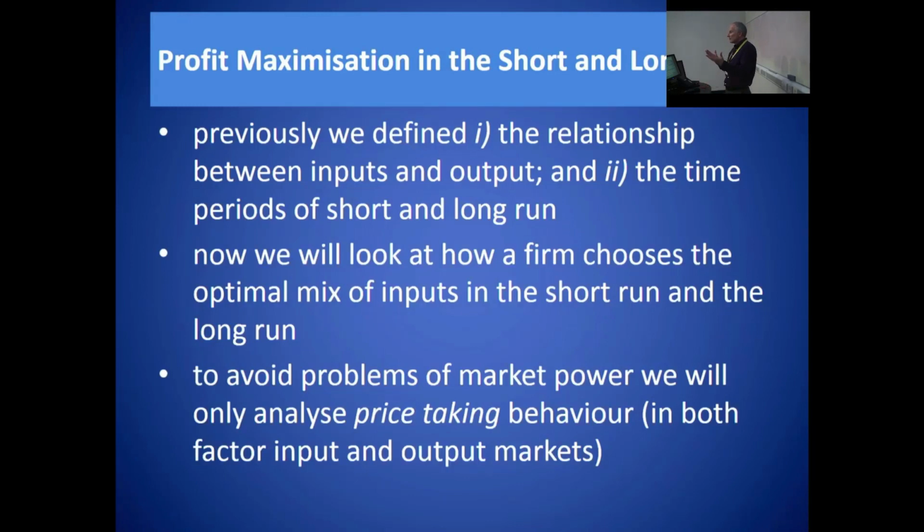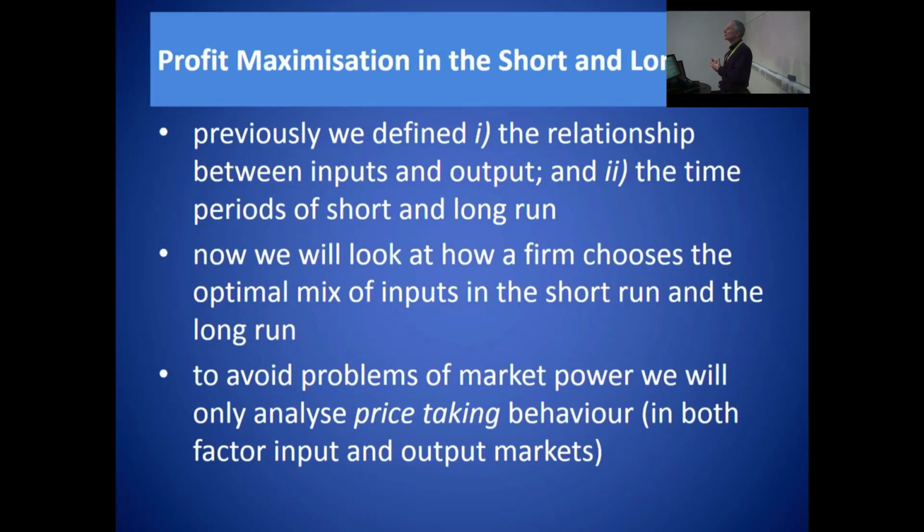Now, what does that mean? A firm that is a price taker in the factor input market can employ as much labour and capital as it likes. Its actions don't affect the price it would pay for labour and capital. In the product market, what do we mean by a price taker?